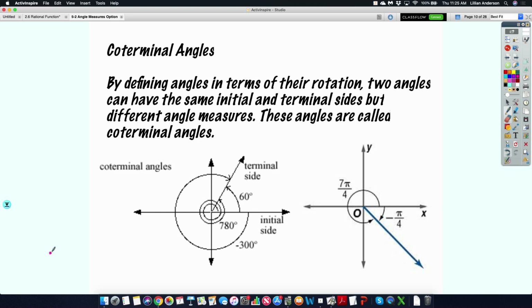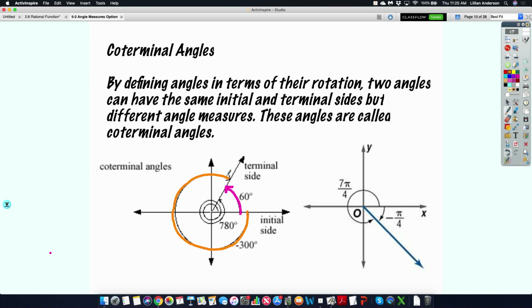The one on the left shows three coterminal angles. One angle is 60 degrees when I go in the counterclockwise direction. The other one is negative 300 degrees.